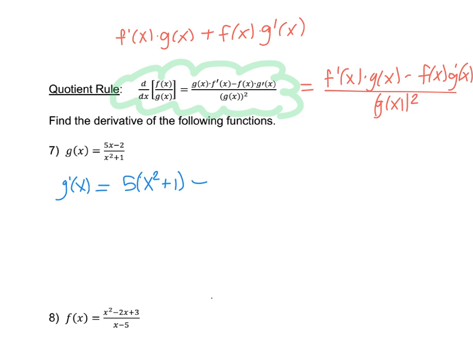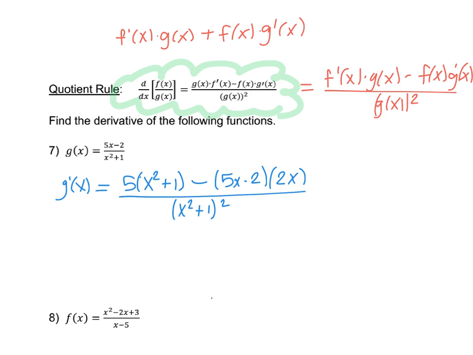Then minus the original numerator, so 5x minus 2. Anytime you're writing a quantity with more than one term, you should use parentheses because we're always multiplying, times the derivative of the original denominator, which in this case would just be 2x, all over the denominator squared. So that would just be x squared plus 1 squared.